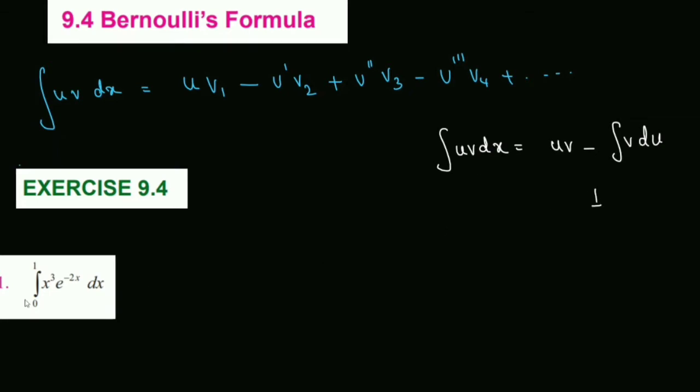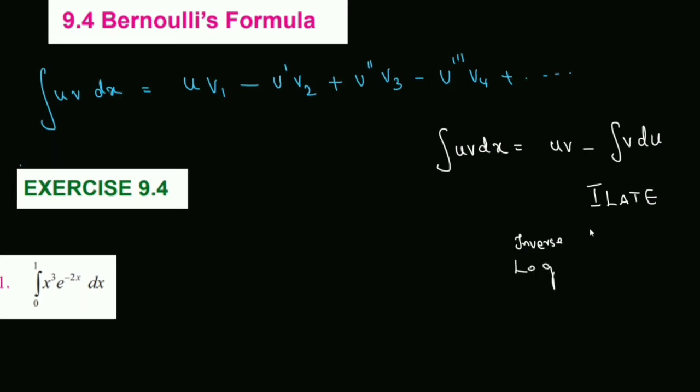So there will be two functions. You can see there are two functions, isn't it? One function you have to choose as u, the other one as v. To choose that, we follow this pattern, ILATE. I stands for inverse functions. If there is an inverse function in the question, that will be the u. If there is no inverse function, the next is log.